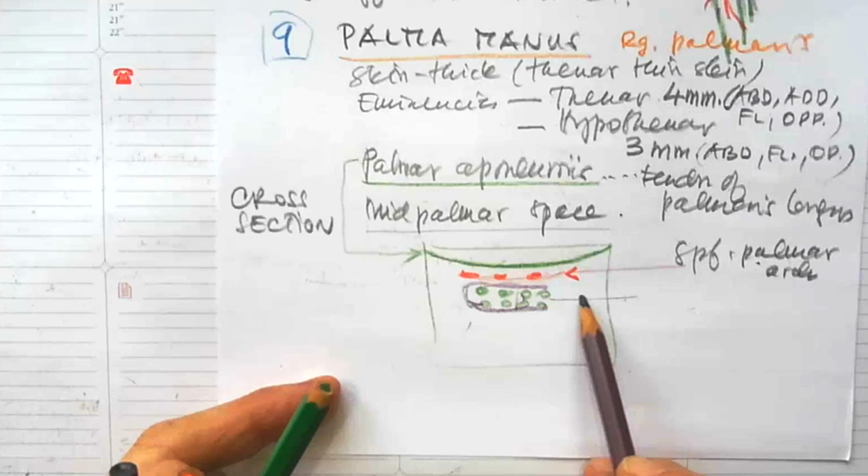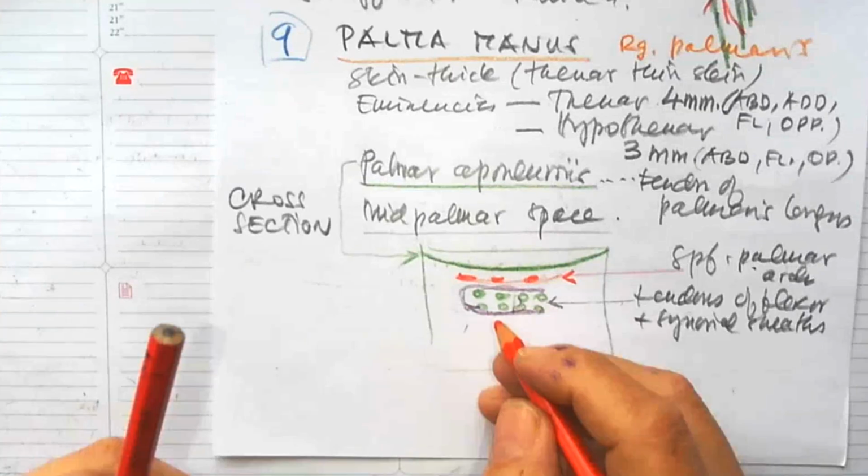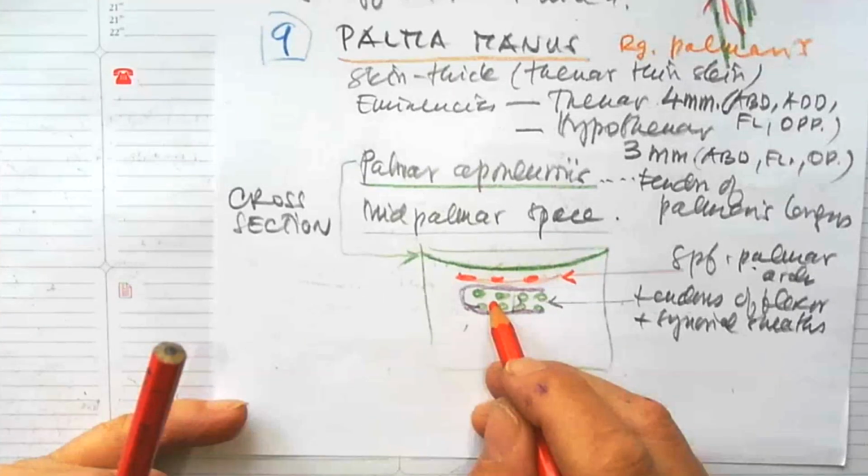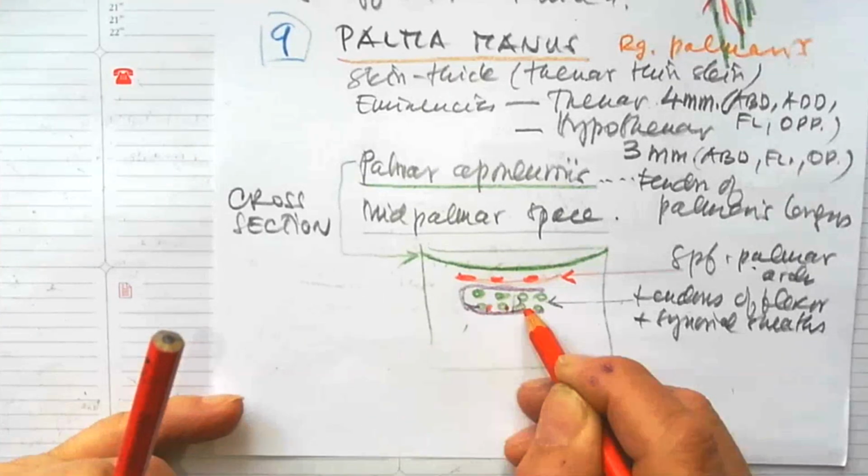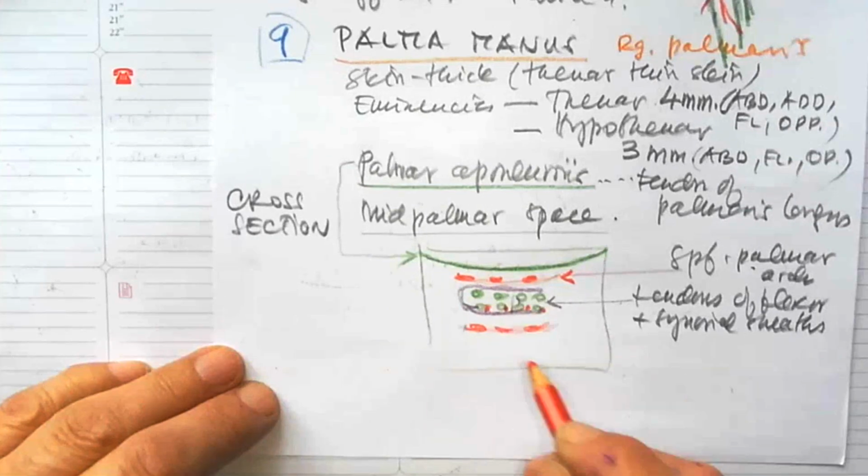Of course, a detailed description means we also have to draw the bellies of the lumbricals. Then follows the deep palmar arch. Good.